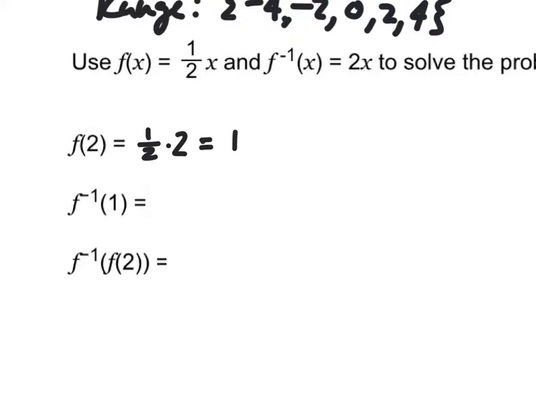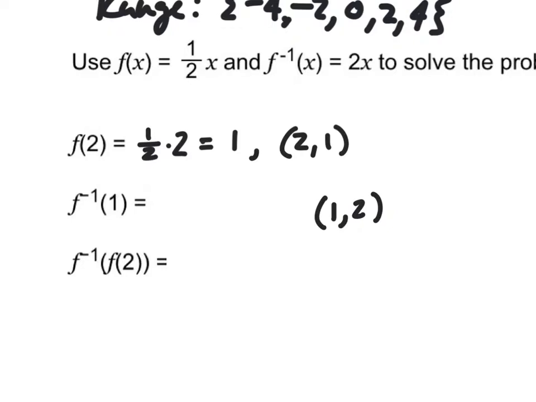Now, what I know then is that I have the point on the graph 2, 1. Now on my inverse, it's having me plug in 1, which is your x value. Remember, you switch your x and y values. So we're going to get 2 out of this. That same point on my inverse is the point 1, 2.